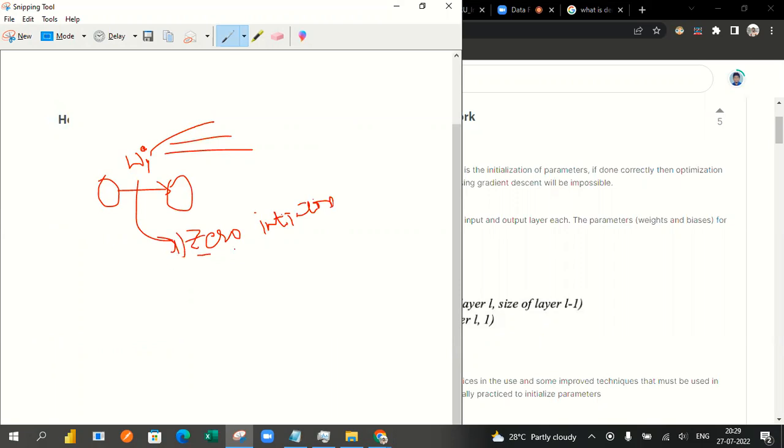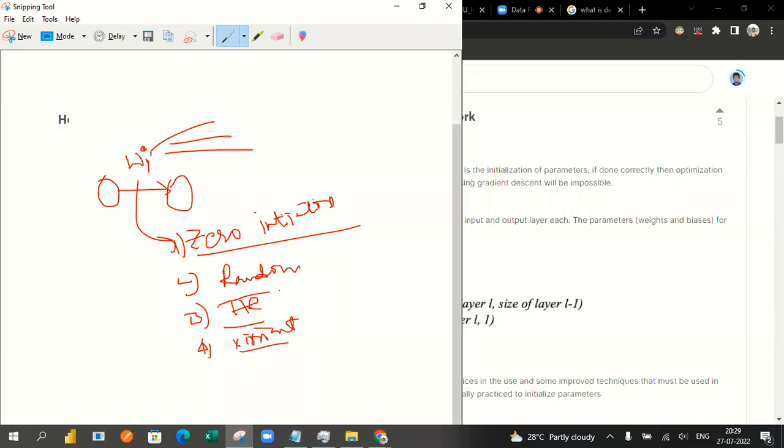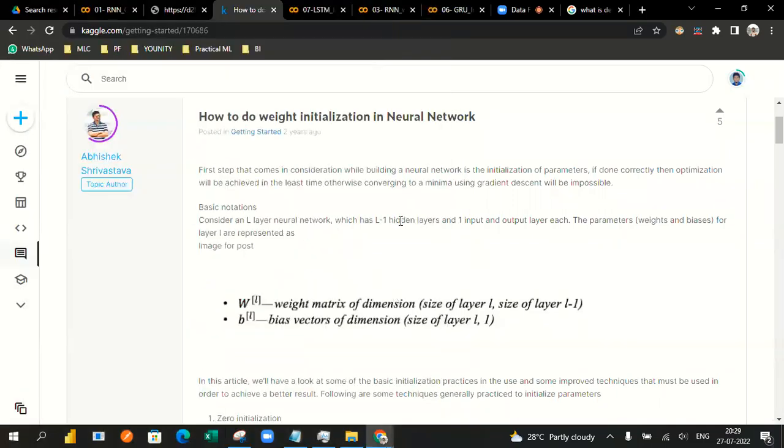I represented this yesterday. I will also showcase the disadvantages with respect to this, and also random initialization, something called He initialization, and something called Xavier initialization. Let's check out these different initializations and also the differences between them.